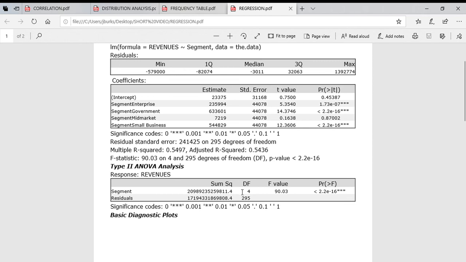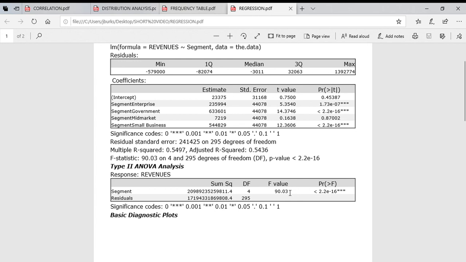Again, this is the degrees of freedom. And then we have our F value. What that is looking at is the sum of the squares between the variables over the sum of the squares within the variables, which is another formula that is used to find the F value.